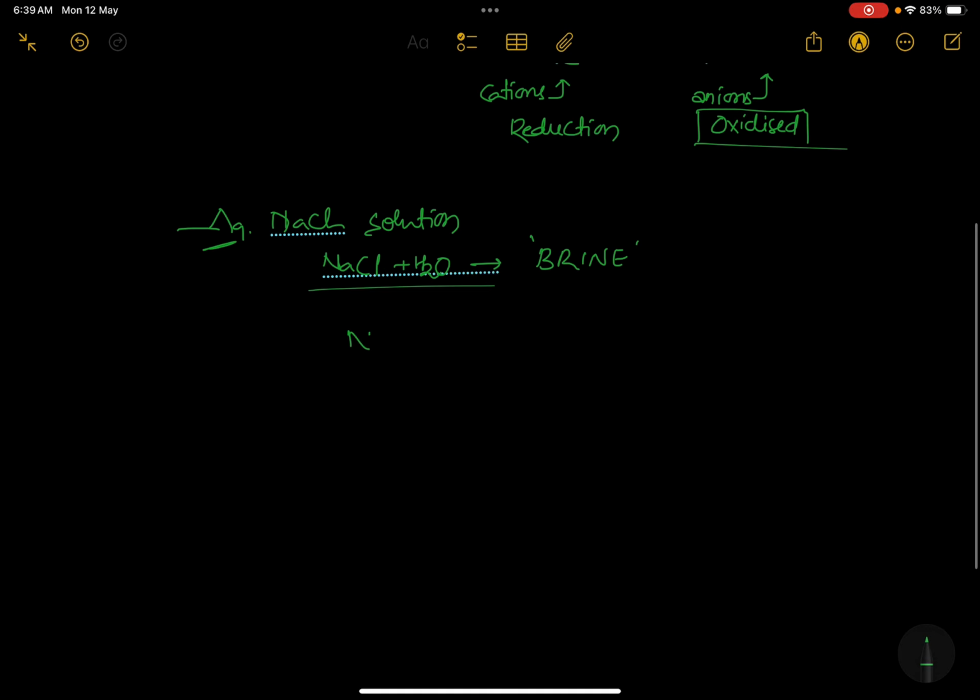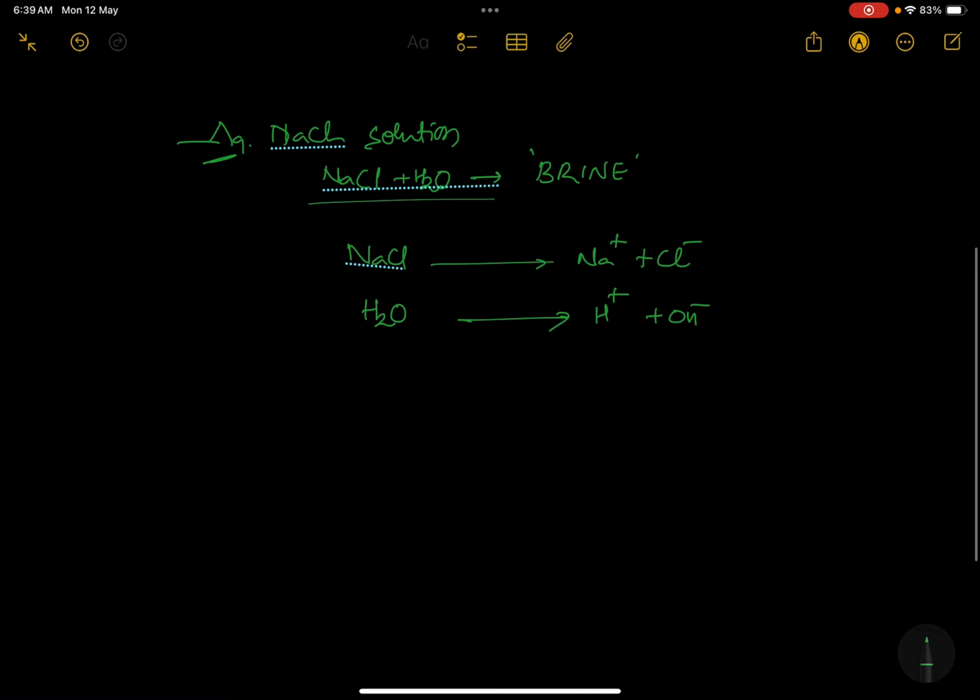So sodium chloride on dissociation gives sodium ions and chloride ions. At the same time, water also gets dissociated to form H+ and OH-, in simple terms. So now there is a competition between two cations, Na+ and H+, as to which will move towards the cathode first. Both possibilities are there.